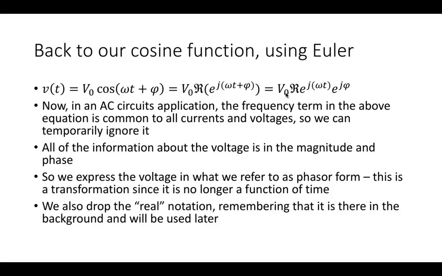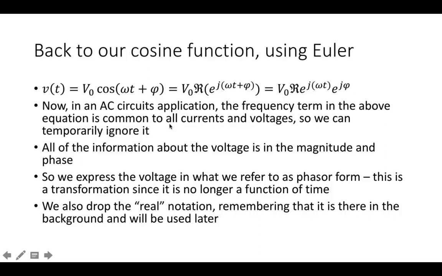And so what we'll have left is this V sub 0, which was the magnitude, e to the j phi, where phi is the phase. So the unique information in an AC voltage, in an AC circuit, is the magnitude and the phase.